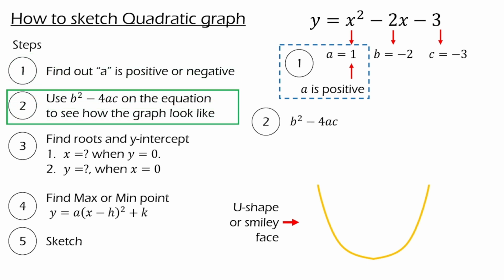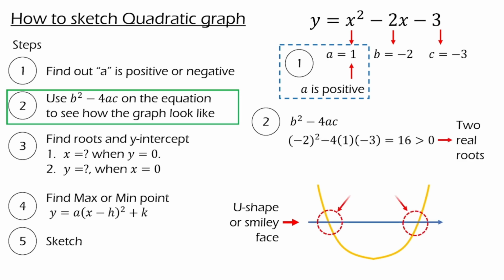Moving forward, we substitute a, b, and c into b squared minus 4ac to know how many roots there are. Solving it, we have 16, and 16 is larger than 0, and therefore we're going to have two real roots. If you look at the graph, our curve will intersect the x-axis at 2 points.